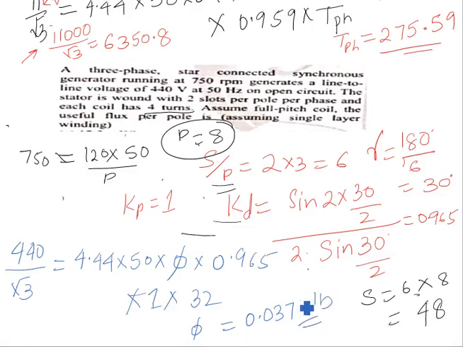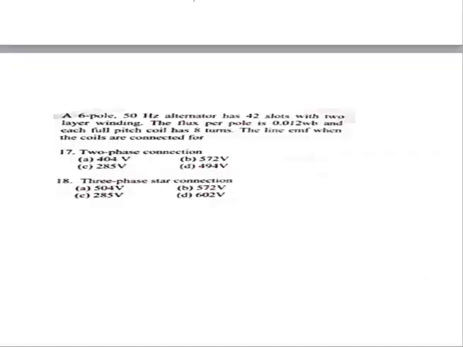Okay. So these are the two simple problems we have done. One more problem I'll give you, and you have to do it by yourself. A 6 pole 50 hertz alternator has 42 slots with 2 layer winding. Now the layer of winding is 2 layer.